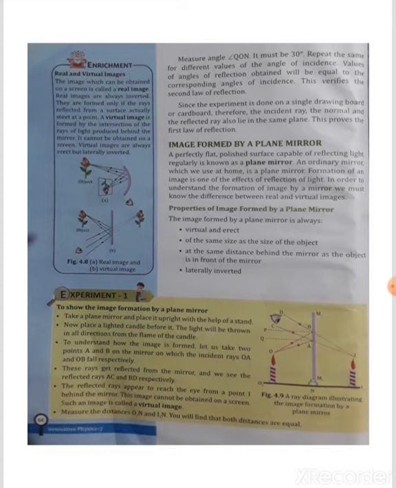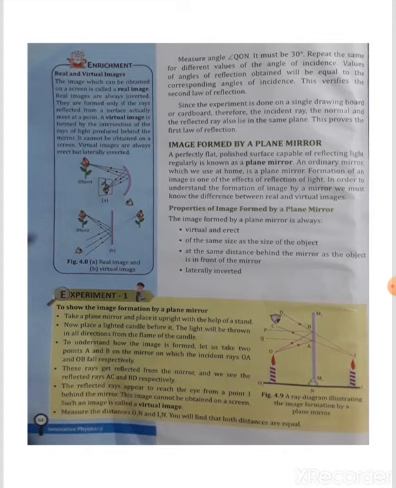And the last but very important topic that we discussed in our previous video lecture was the laws of reflection. I have discussed with you that there are two laws of reflection. The incident ray, the reflected ray, and the normal all lie at the point of incidence and in the same plane, isn't it?